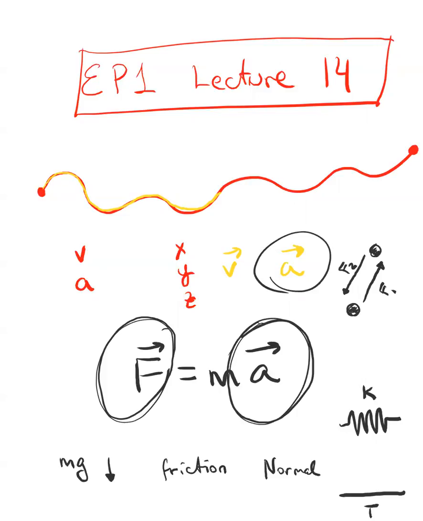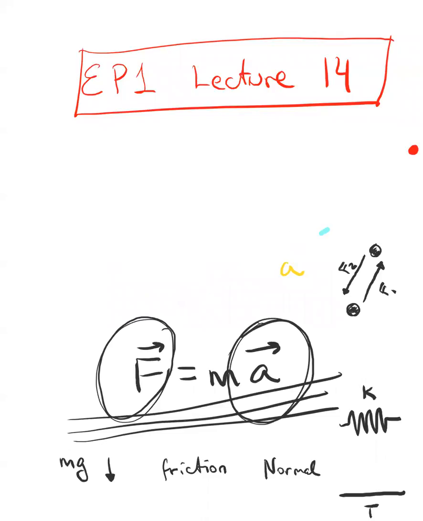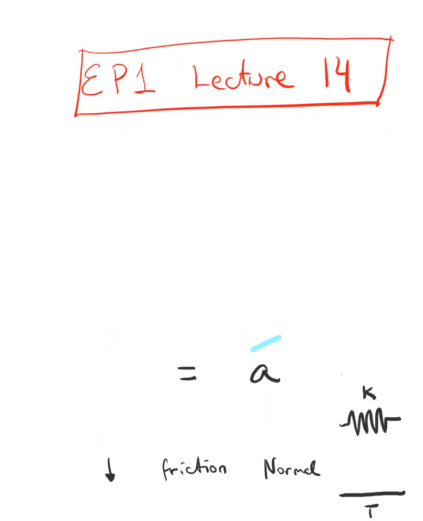Now, if you know all the forces, then you can write down your Newton's laws, and you can find your velocity, your acceleration, your position. You can basically solve those equations, and you can see how this object is moving in time. But for some forces, we also learned that there are easier ways of figuring out how the force influences an object.